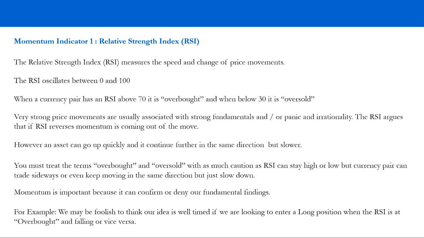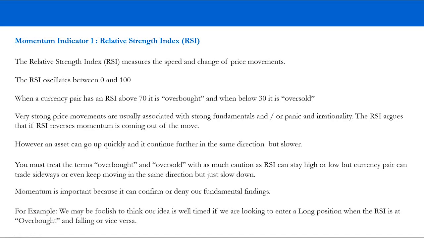So in that scenario, we might consider not trading, and vice versa if we have a low RSI and we have a fundamental predisposition to go short. Again, the way we interpret these things is pretty important.